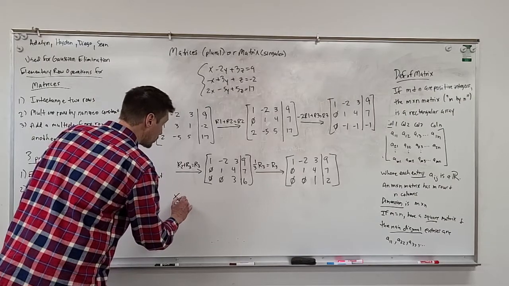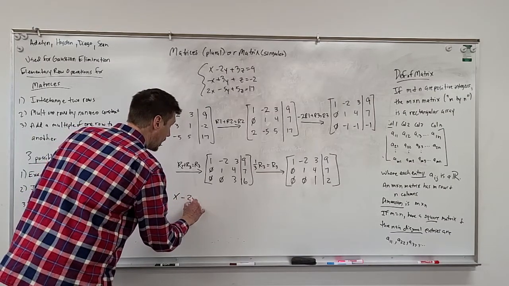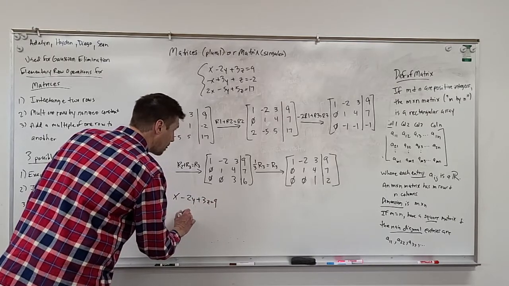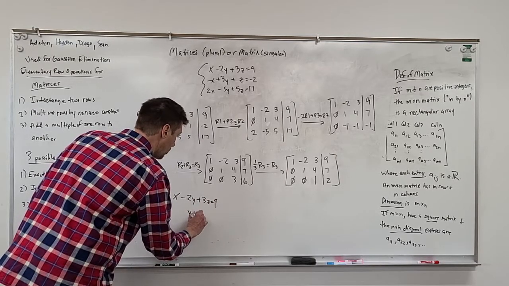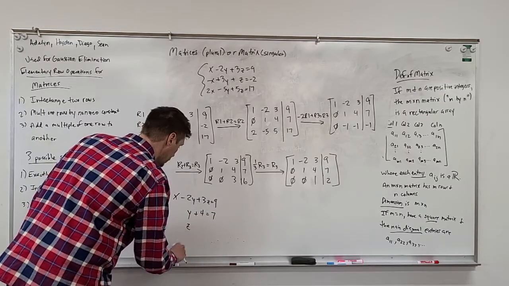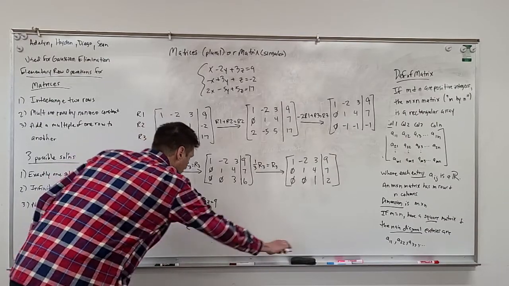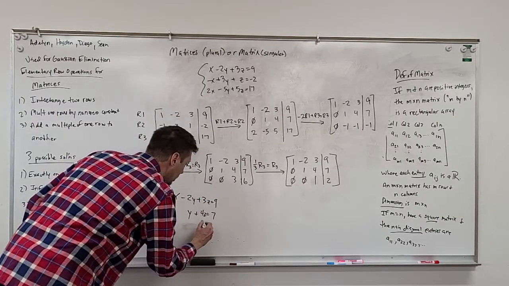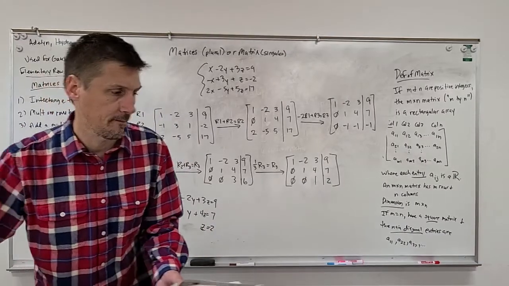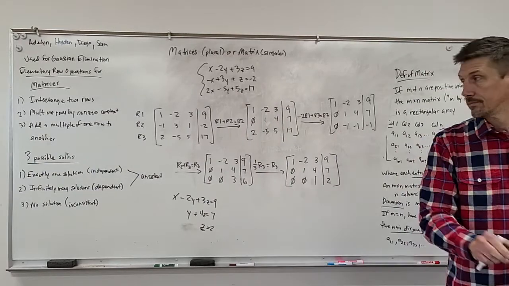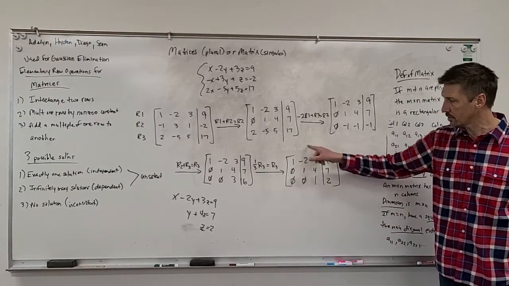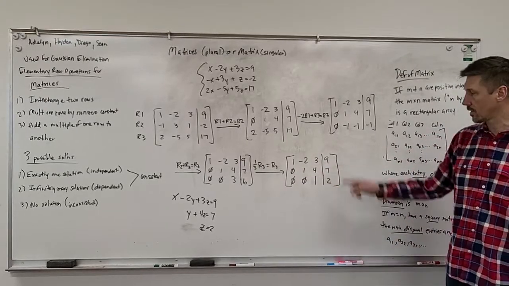So we can say for that first row, x minus 2y plus 3z equals 9, y plus 4z equals 7, and then on that last one, z equals 2, right? So by getting everything to equal 1, we just know that it can equal the variables x, y, and z. So this is our x column, this is our y column, this is our z column. This is our constant column.